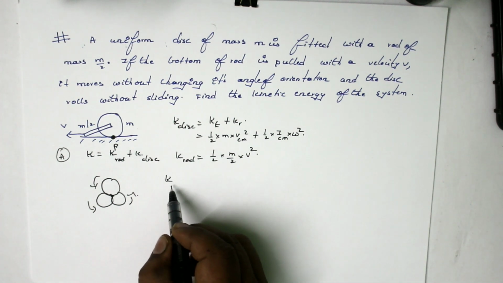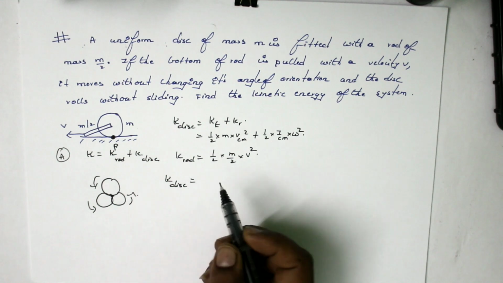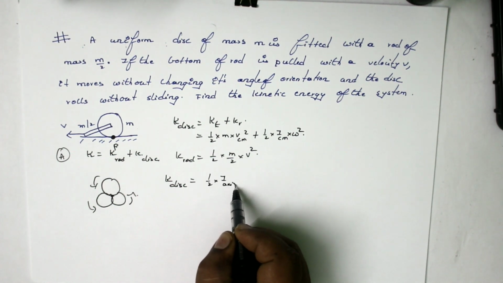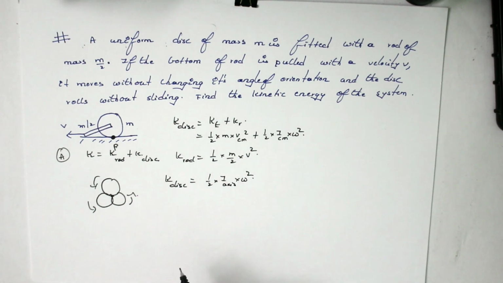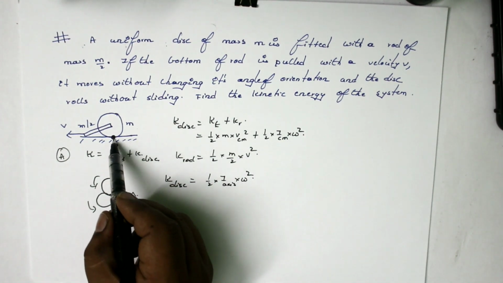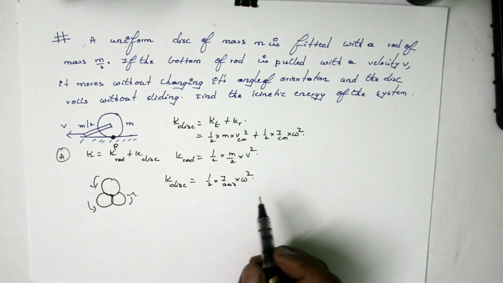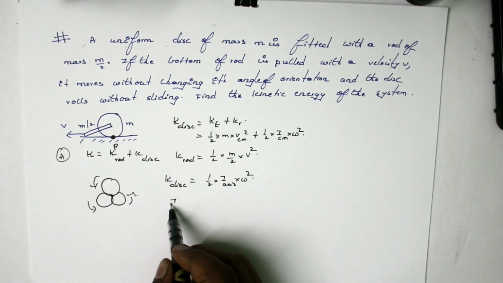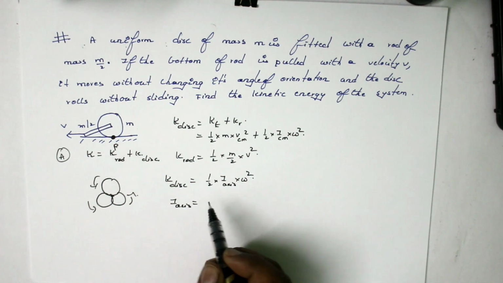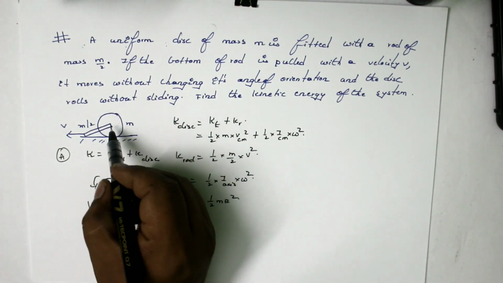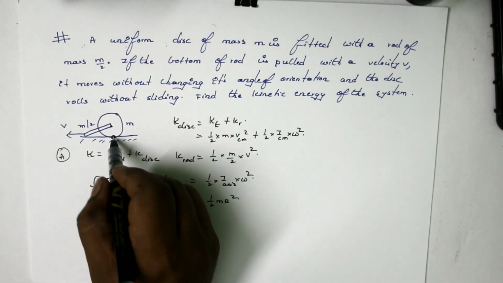Therefore, the total kinetic energy of the disk can also be calculated as half into I axis into omega square. I axis means the axis around which this disk is rotating temporarily. So how can I calculate this I axis? About the center of mass, the moment of inertia is half m r square. Here there is one axis, and here there is another axis.